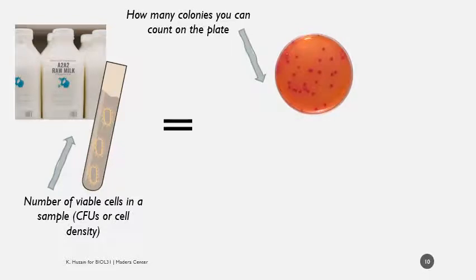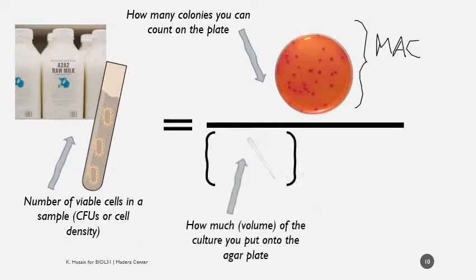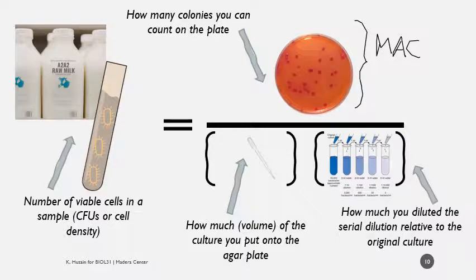This example is with a type of medium called MAC, or MacConkey agar. You're going to work with that a lot this semester. And you divide that by the volume of culture that you put onto that plate times the dilution factor.